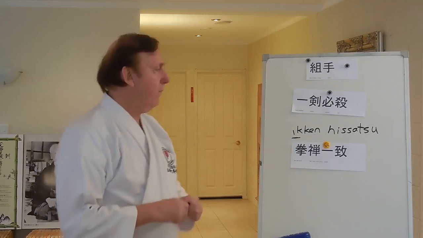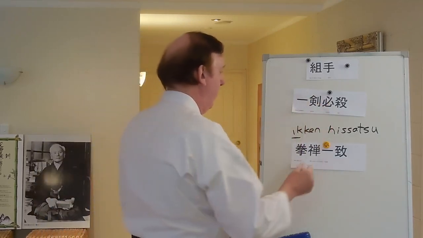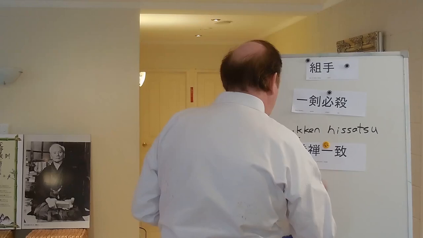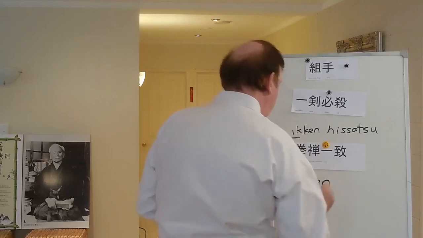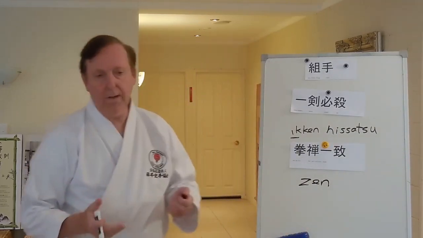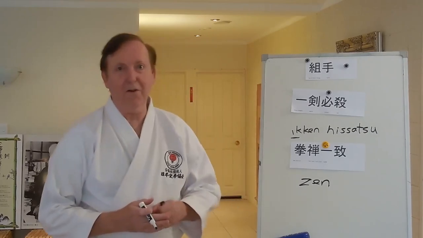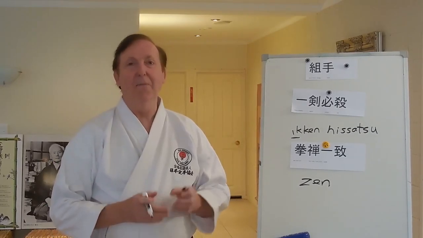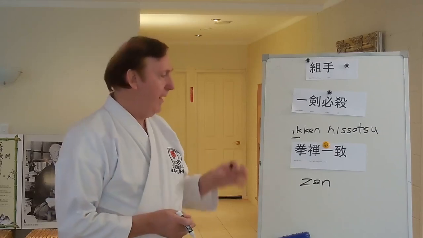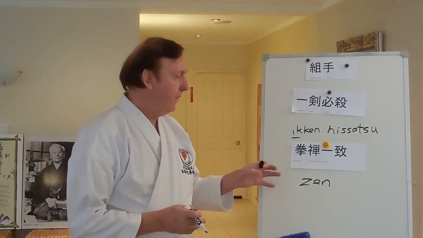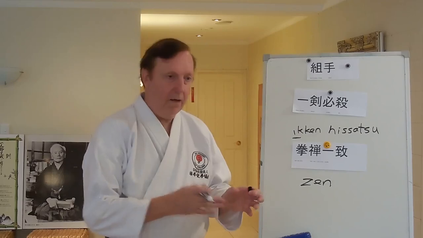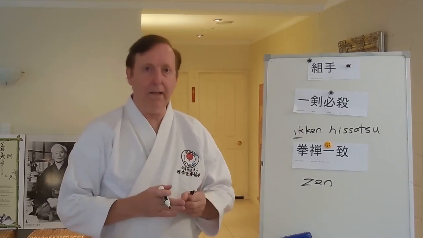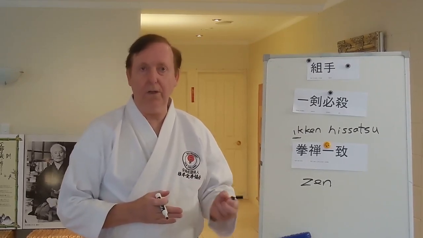And we can say that Bushido was very much influenced by Zen. I'm not going to go into trying to explain Zen in this particular lecture, but what we can say is that Zen and karate are almost inseparable in the sense of Bushido.